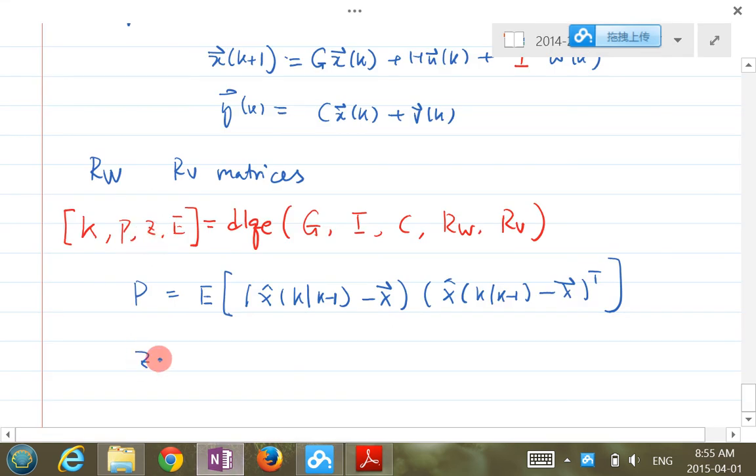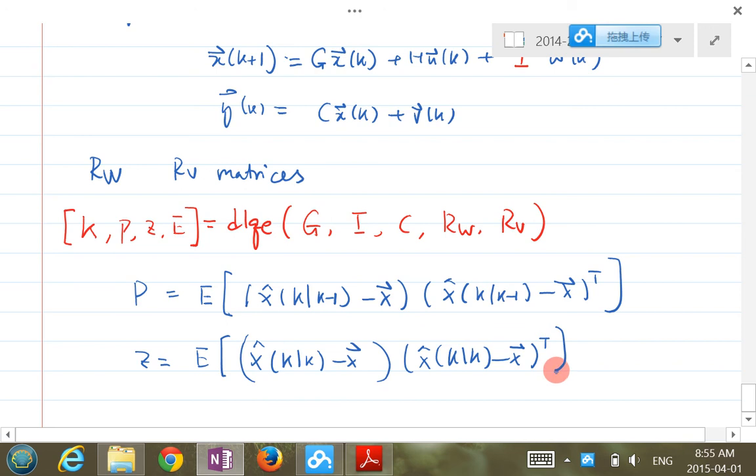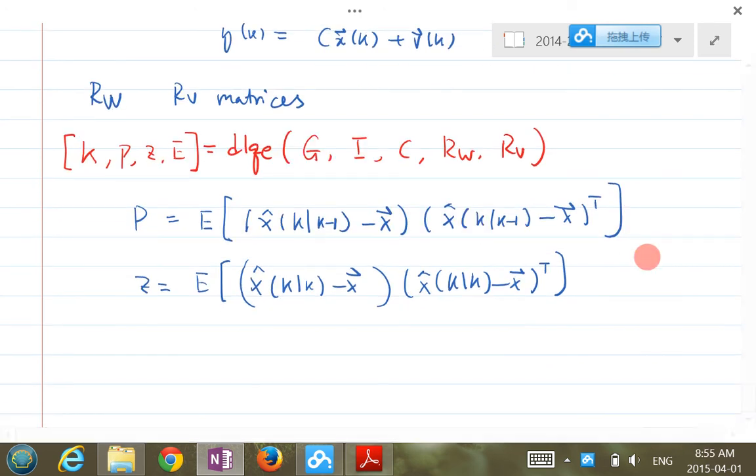So the Z is the expected value of x hat k minus x, times x hat k minus x, transpose. The E here is the eigenvalue of the closed loop, based on this Kalman filter.